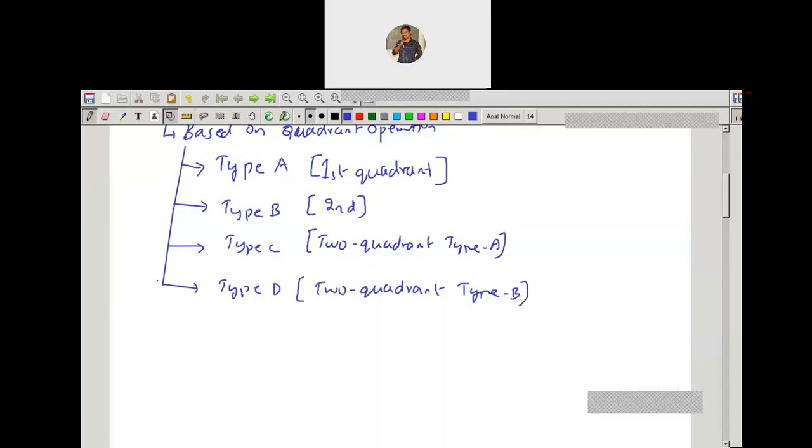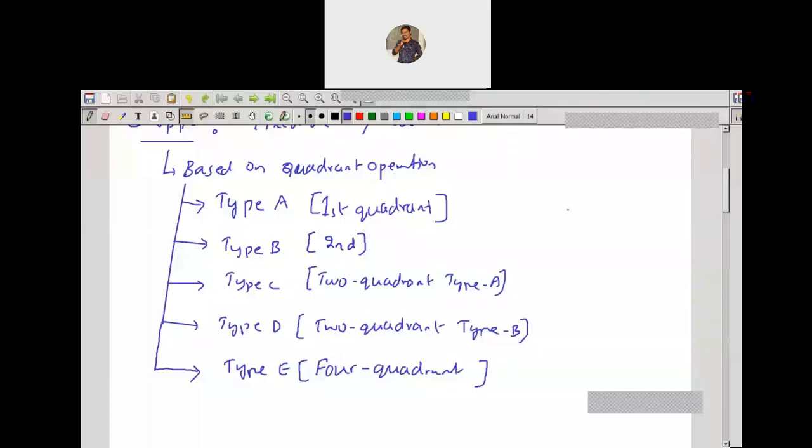I think you already studied these types of choppers in the first semester of your third year in power electronics. And one more is type E chopper. It is also called a fourth quadrant chopper, that is, you're going to get four quadrant operation. Four quadrant chopper, right?